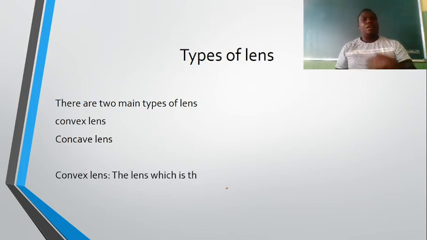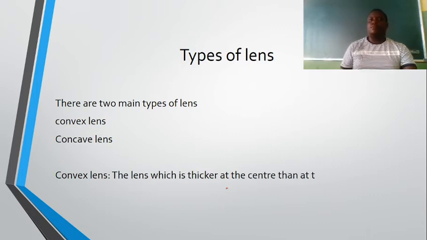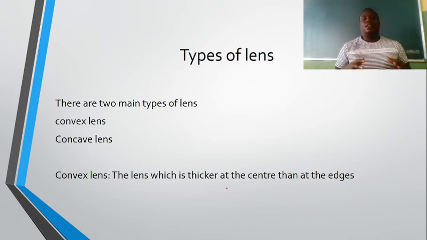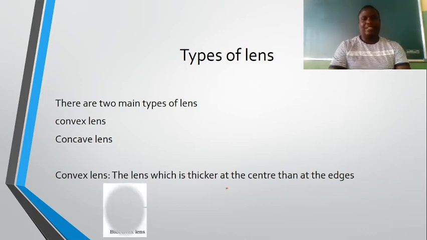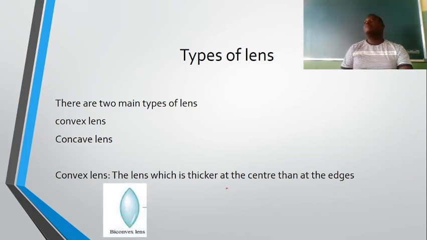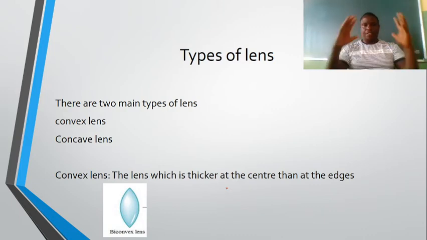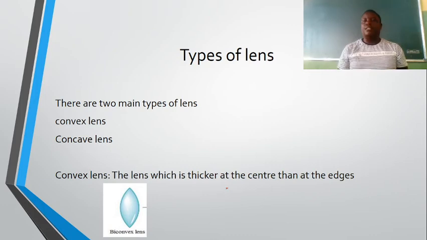We are going to start with the convex lens. A convex lens is a lens which is thicker at the center than at the edge. Up to now you have not yet seen the image of a lens, but here you can see it. It is very thick at the center, but very narrow at the edge.